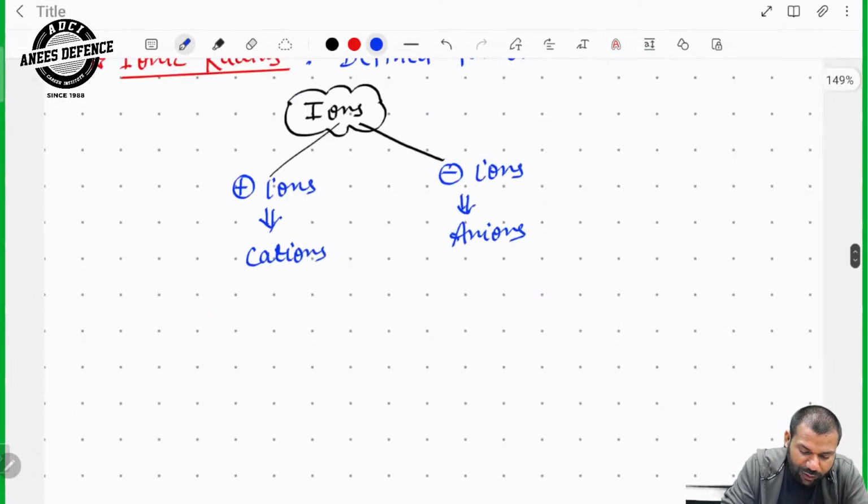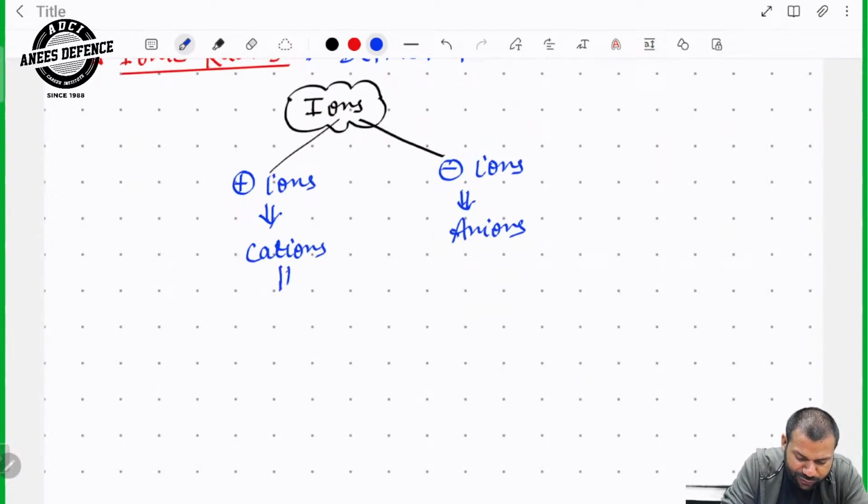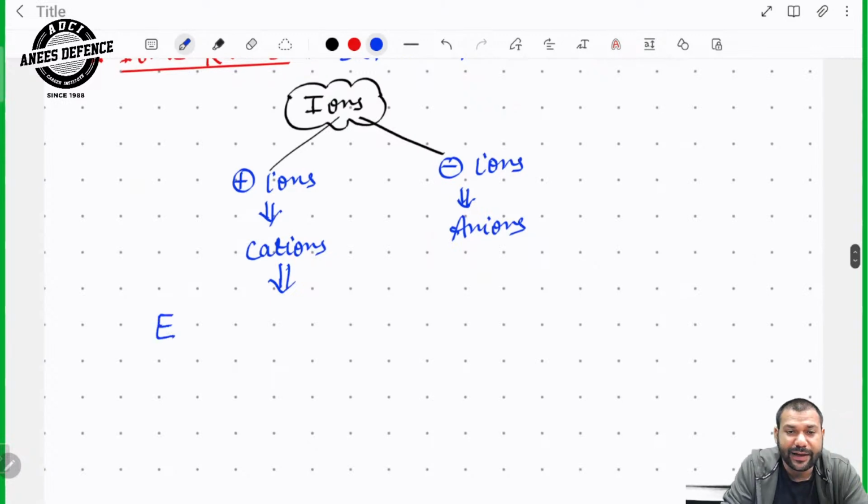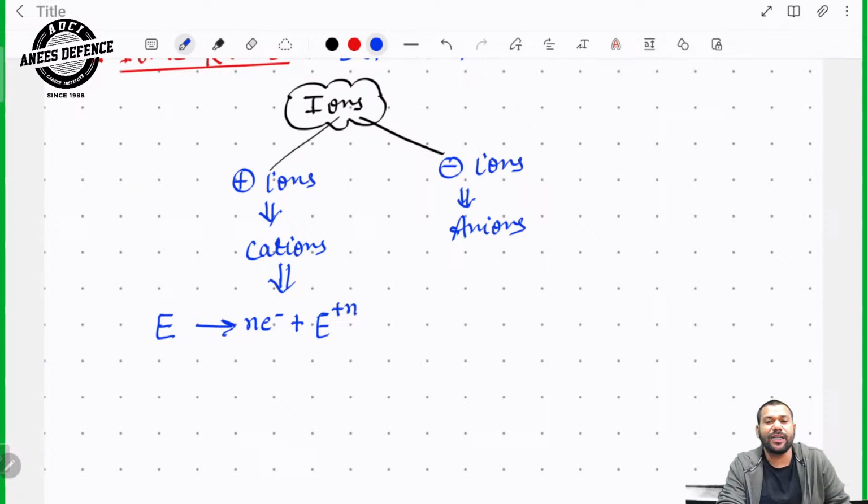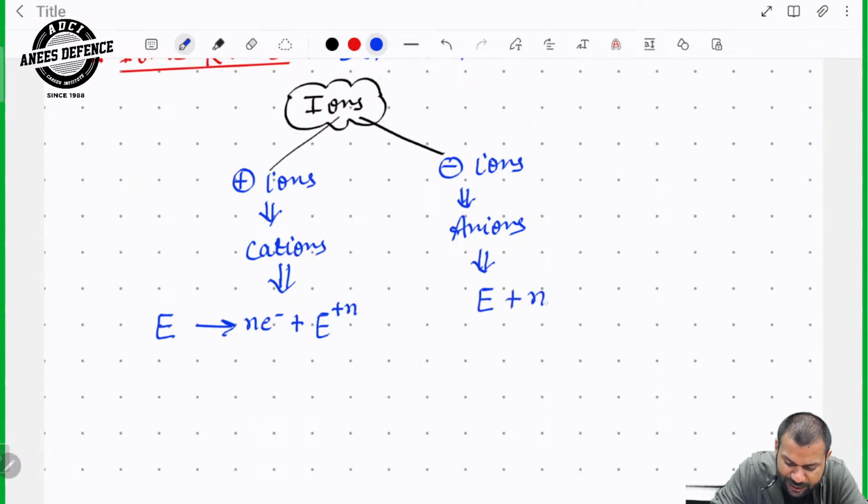So, how is a cation formed? A cation is formed if we have an element and the element loses an electron. If any element loses an electron, it will have a plus n positive charge. So if any element is with a positive charge, we call it a cation. On the other side, how is an anion formed? In this case, the element will accept some electrons.